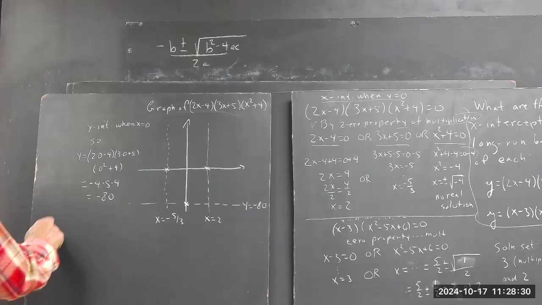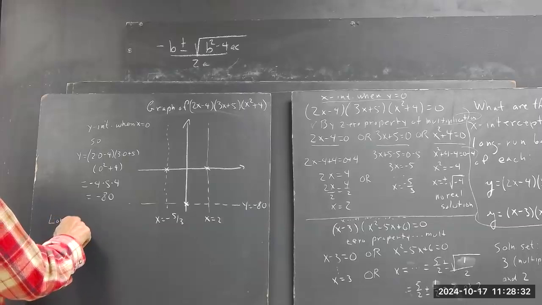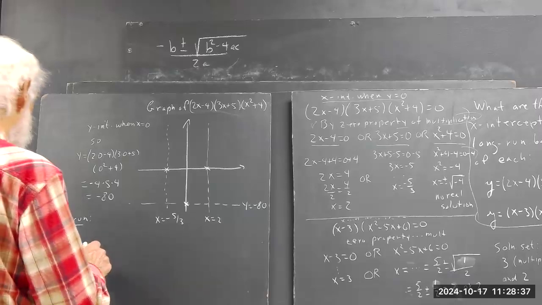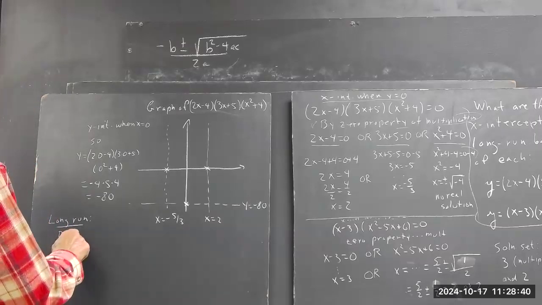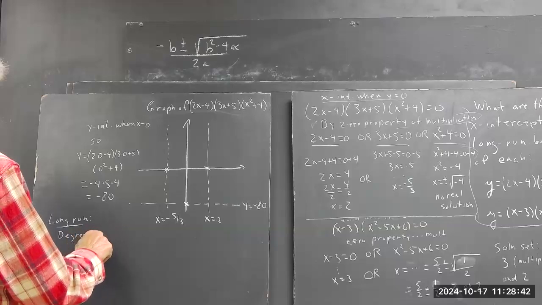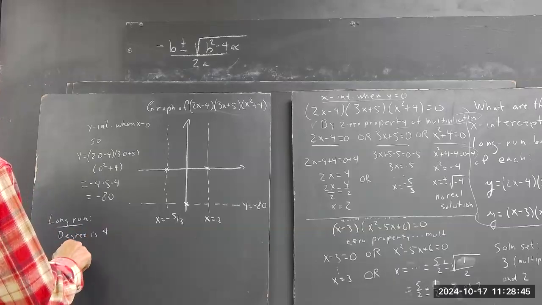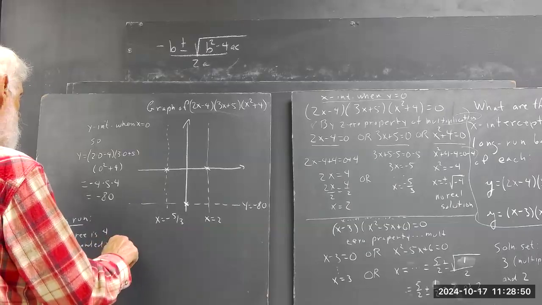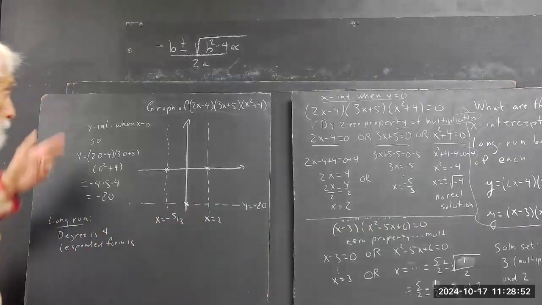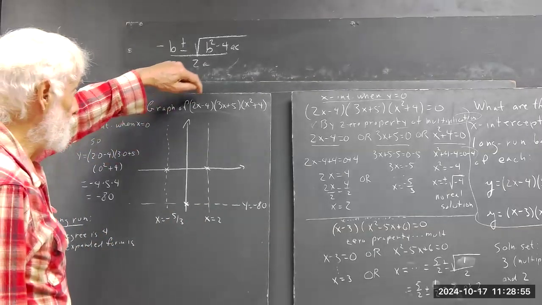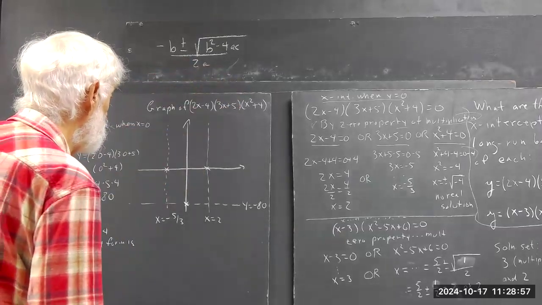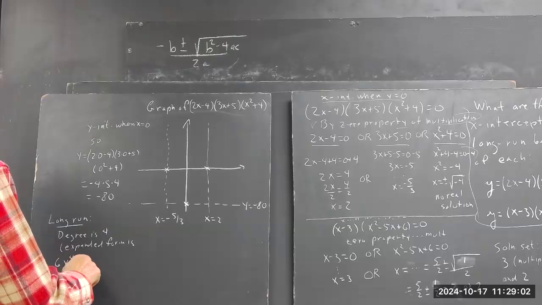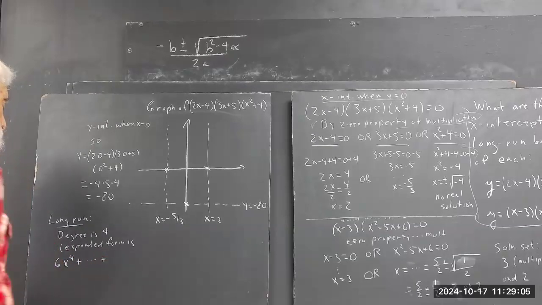Now, long run, the degree is 4. In the expanded form, you're going to have a 2x times a 3x times an x squared. That gives you a 6x to the 4th. Then you got a bunch of stuff in the middle.